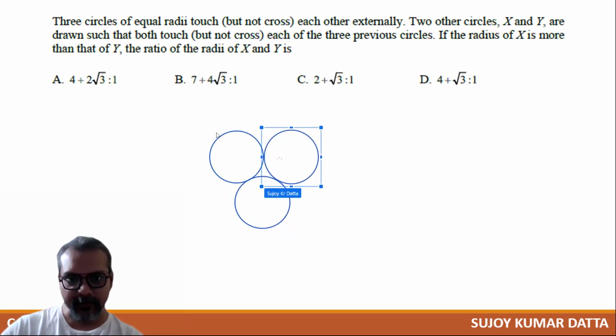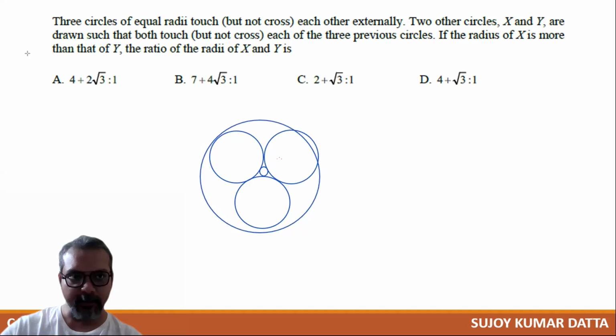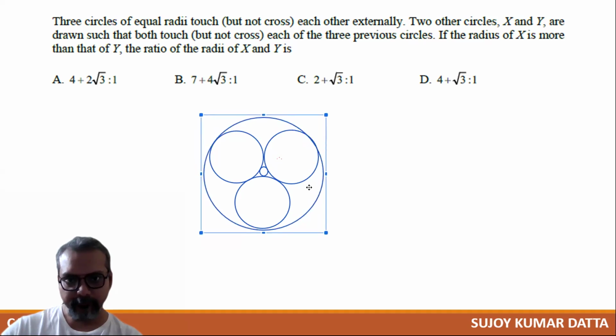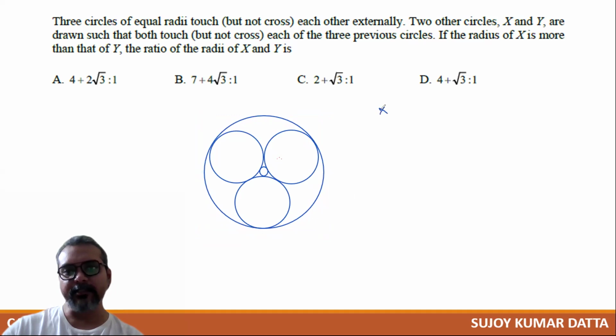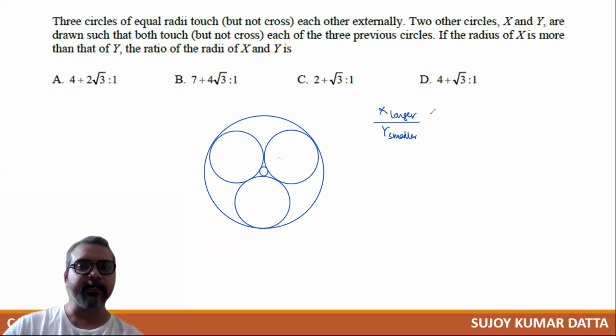Then the circles which touch these could be this one here inside and this one here outside. These two circles are X and Y. And it's mentioned that X is greater than Y. So X is the larger one and Y is the smaller one. So you have to find the ratio of their radii.